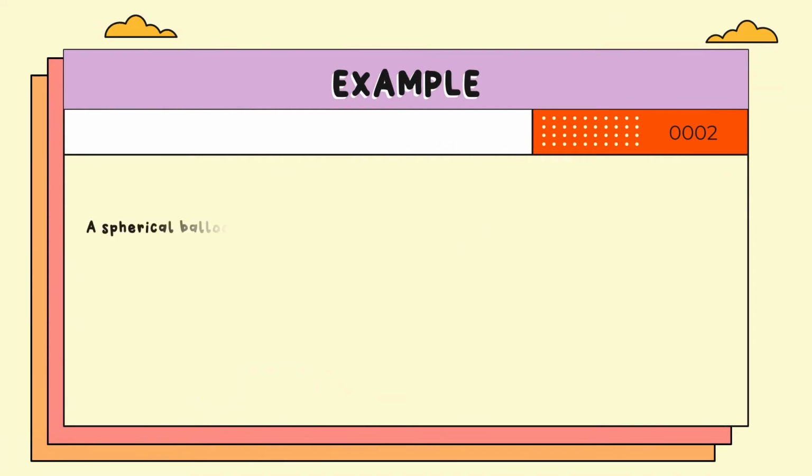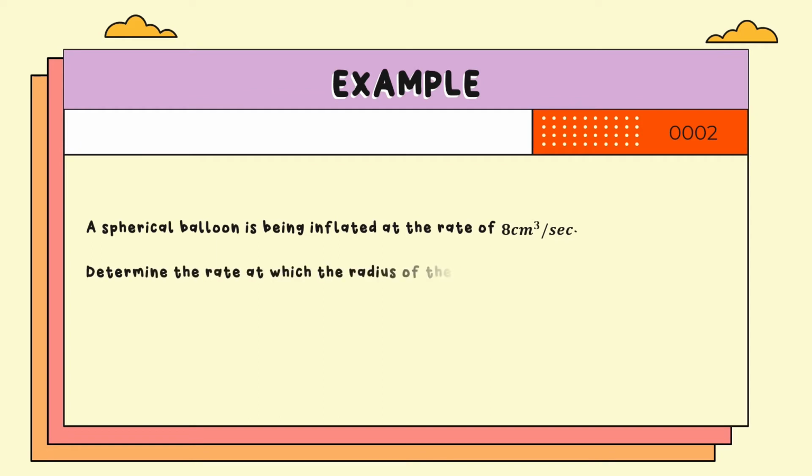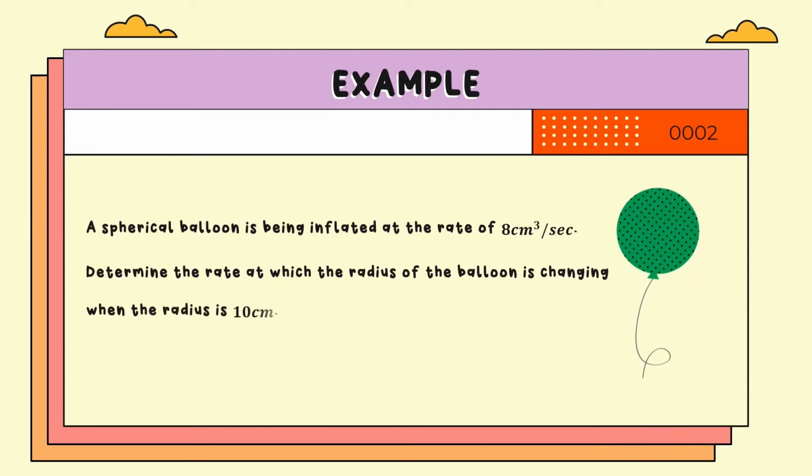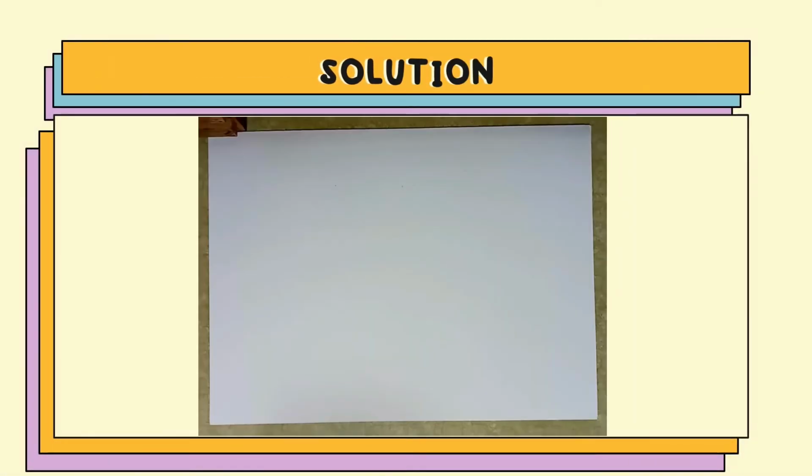A spherical balloon is being inflated at the rate of 8 cm³ per second. Determine the rate at which the radius of the balloon is changing when the radius is 10 cm. So the question said that a spherical balloon is being inflated at the rate of 8 cm³ per second.